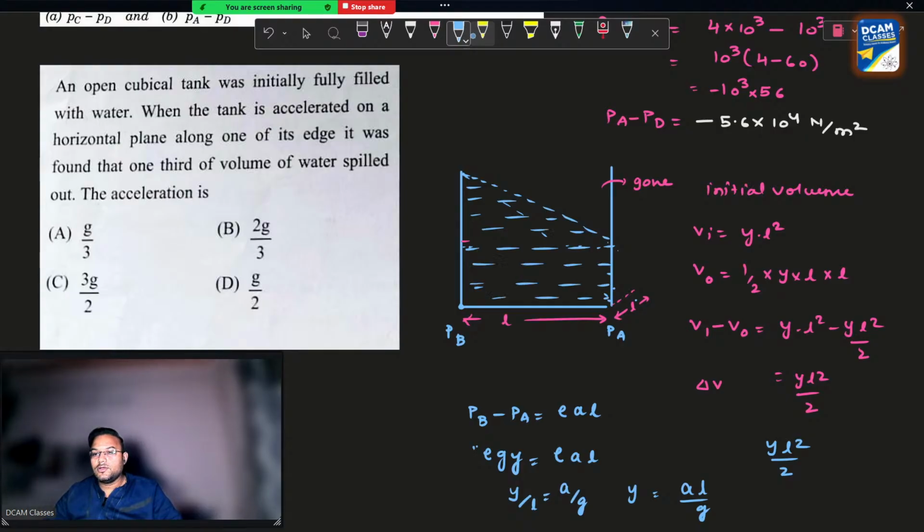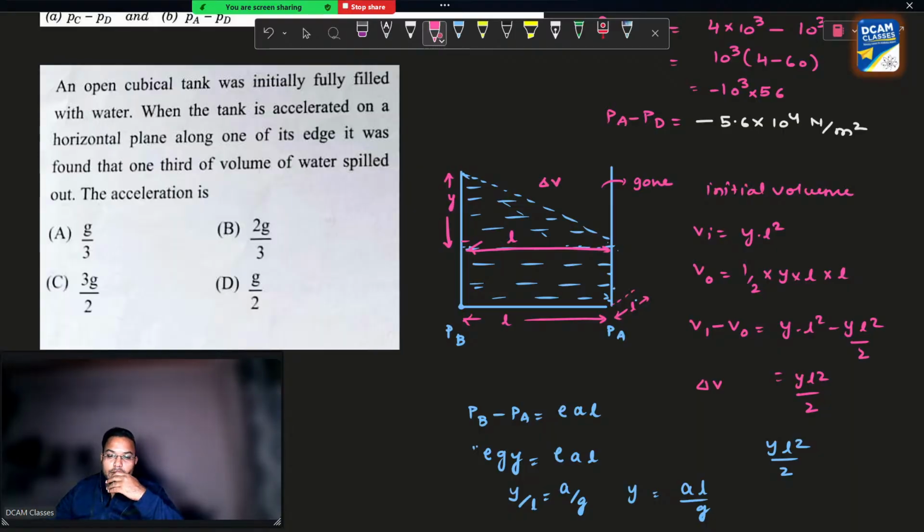Initial volume, let's take the amount of water that's left. Suppose this height was y, this is L. So the amount of water that is left is delta V, yL square by 2 here. Gone out. Initially, the total volume was L cube.